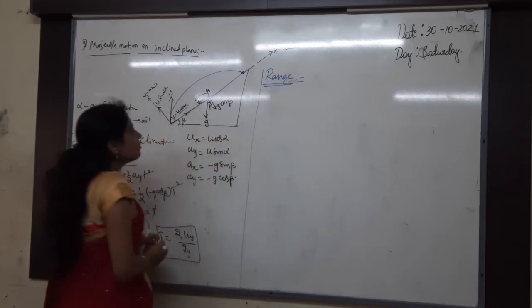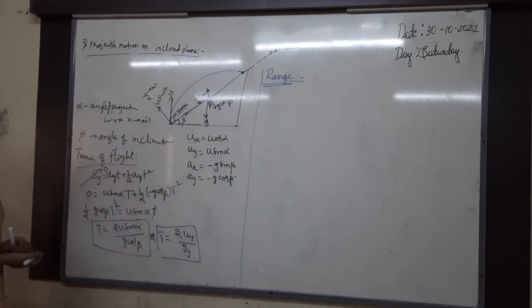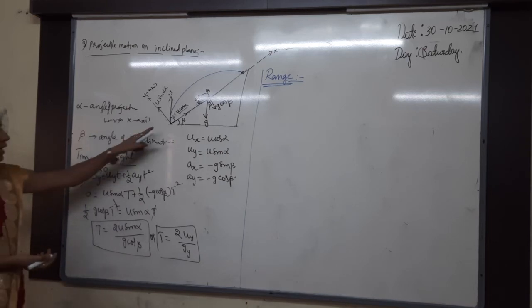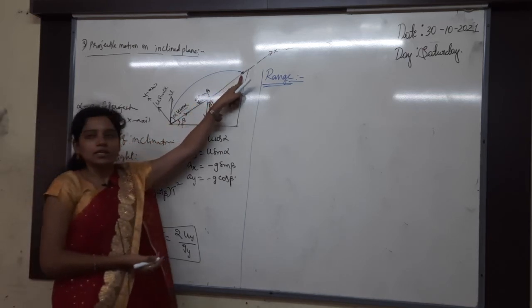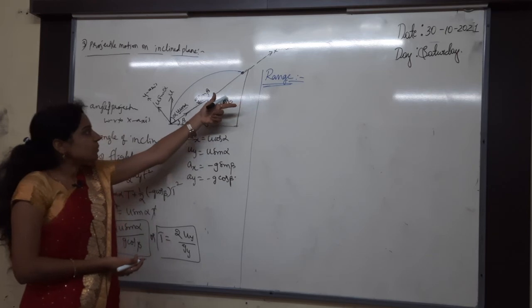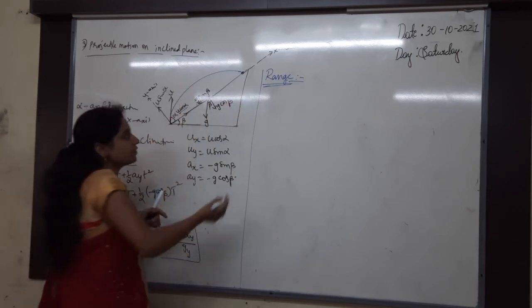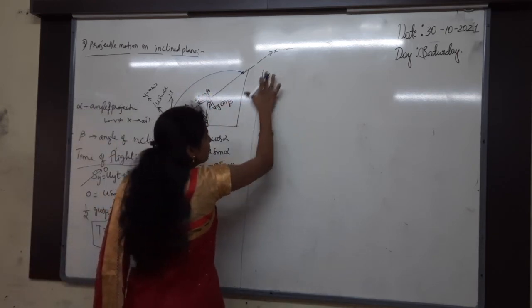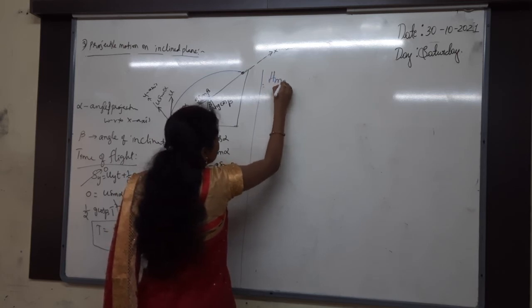So it has to cover the range, the total distance R here. Shall we find the maximum height before that? Yes, we will find the maximum height, that will be easy. H max.